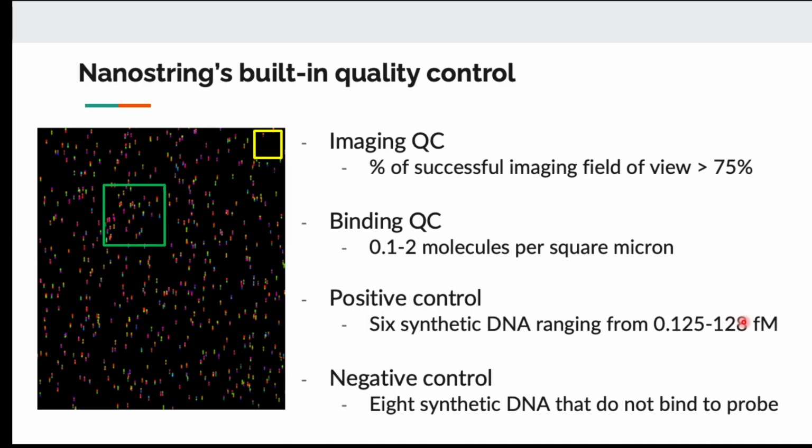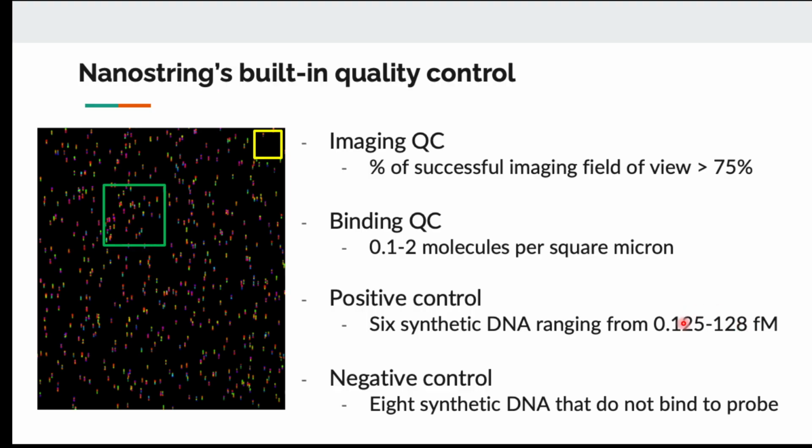So they're going to spike this into your RNA sample. So for these 6 probes, the number of molecules that you are going to count should scale from this concentration to this concentration. So you have a ladder that you can normalize your data against.